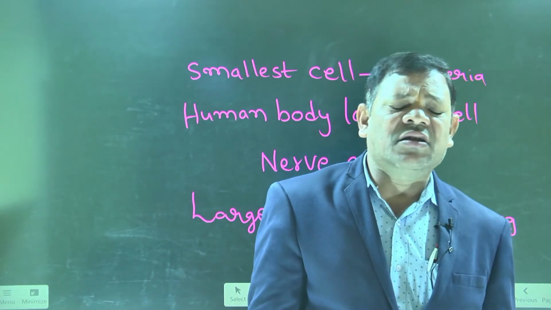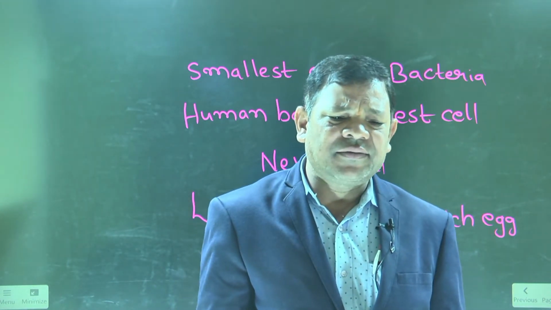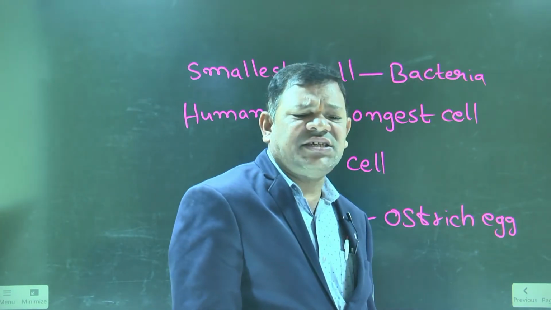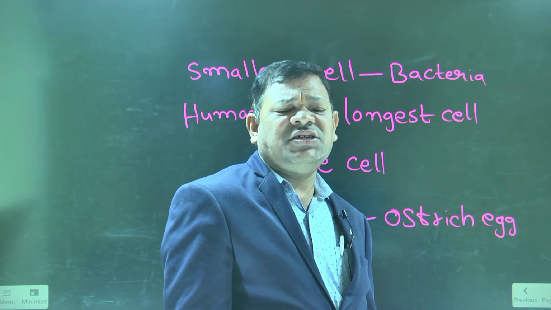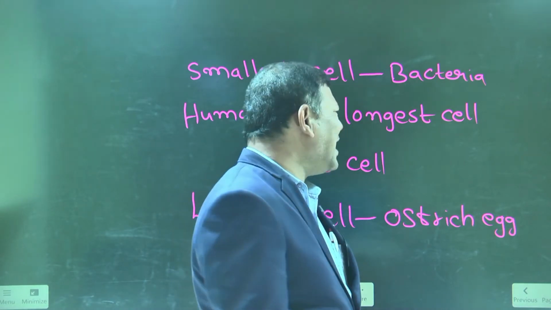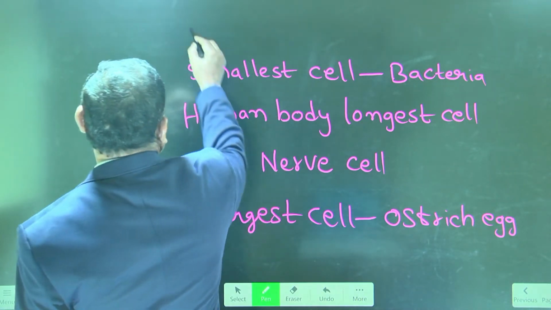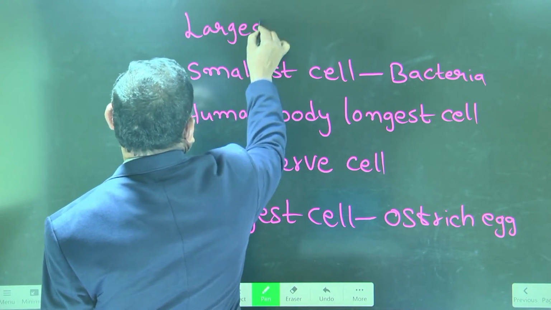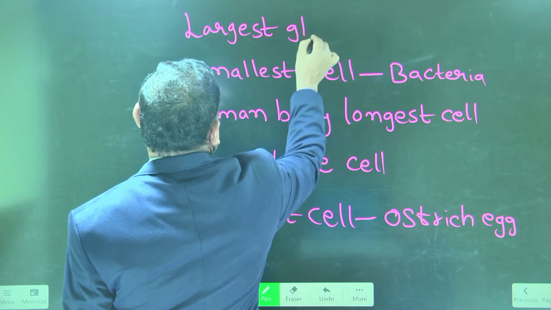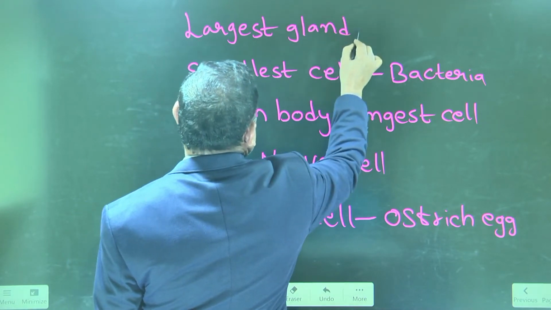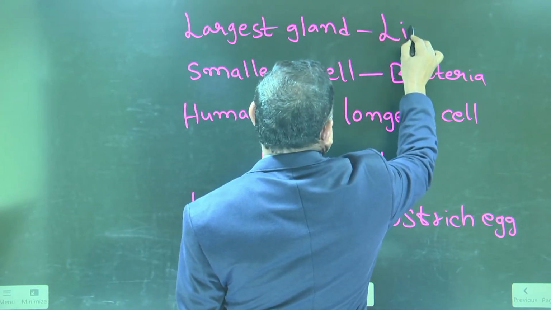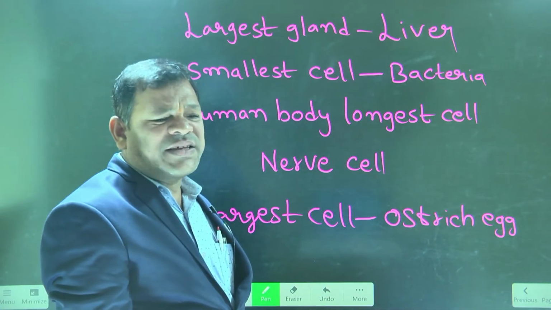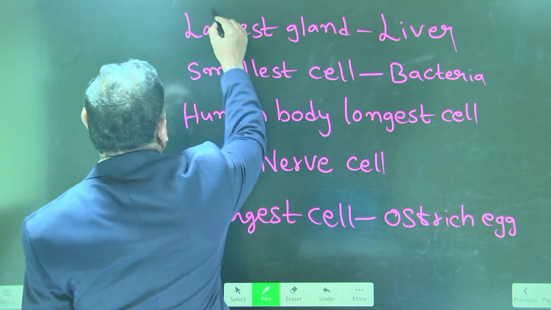What is the largest gland in our body? The liver. What is the mixed gland in our body? The pancreas. What is the mixed gland in our body?